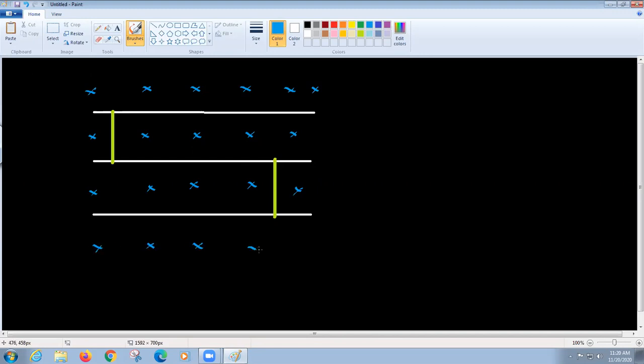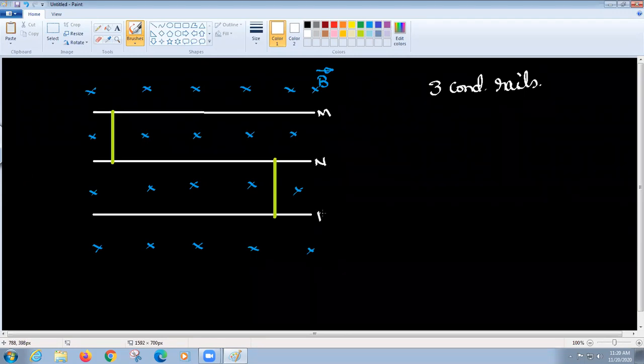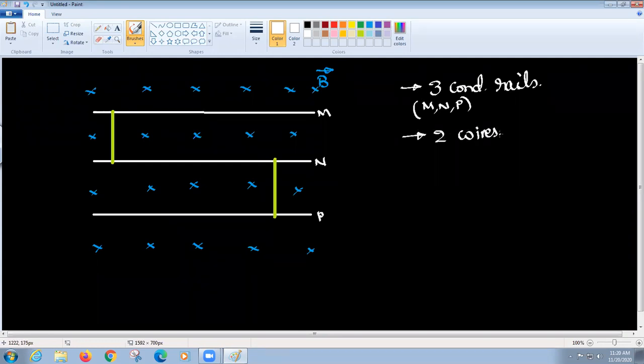You have 3 conducting rails, which I am labeling M and P. Also you have 2 wires, let me label them PQ and RS.